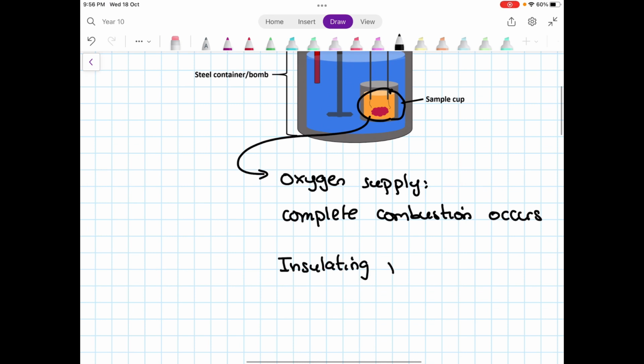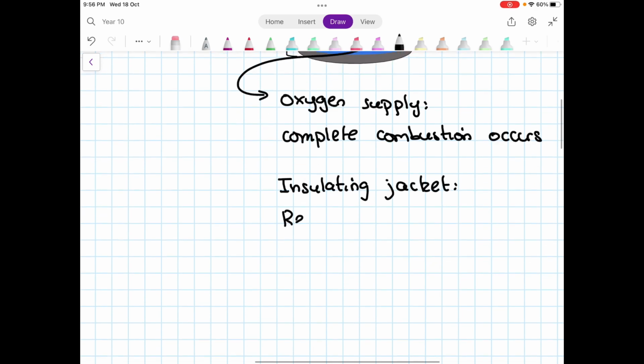There is an insulating jacket to reduce heat transfers outside of the calorimeter.